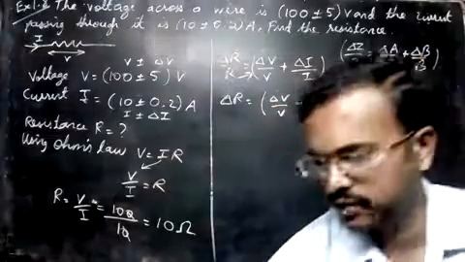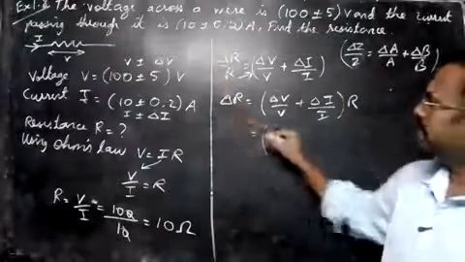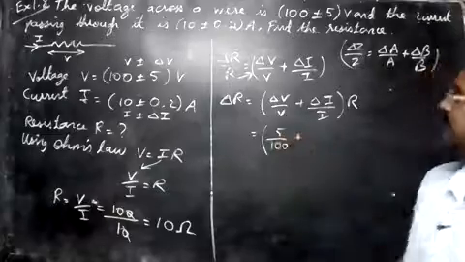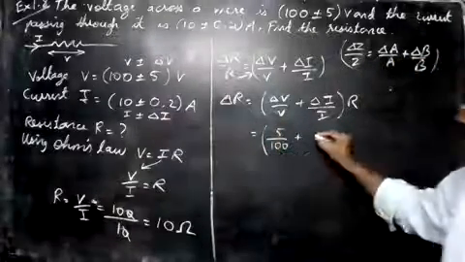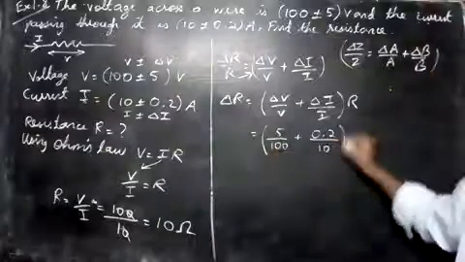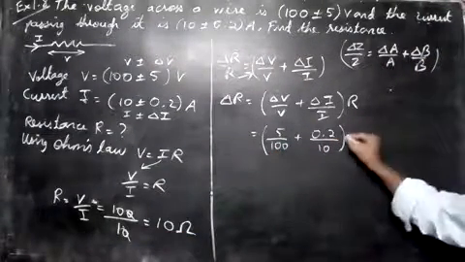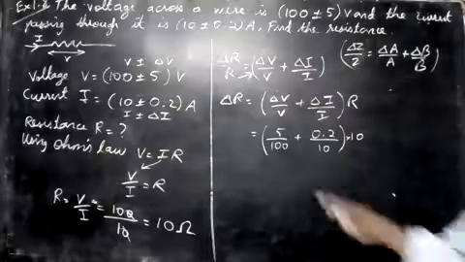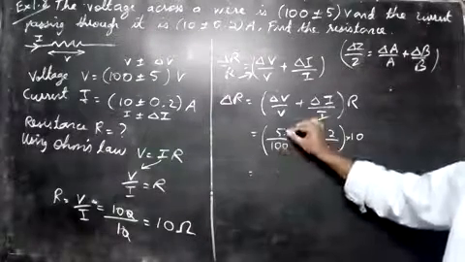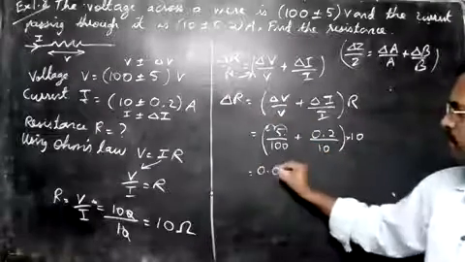Let's substitute and see. Delta V is 5, by V which is 100, plus delta I, that is 0.2, by I which is 10, into R which is 10. First we must do the division. 5 by 100: dividing by 100 means the decimal jumps 2 places, so we get 0.05.